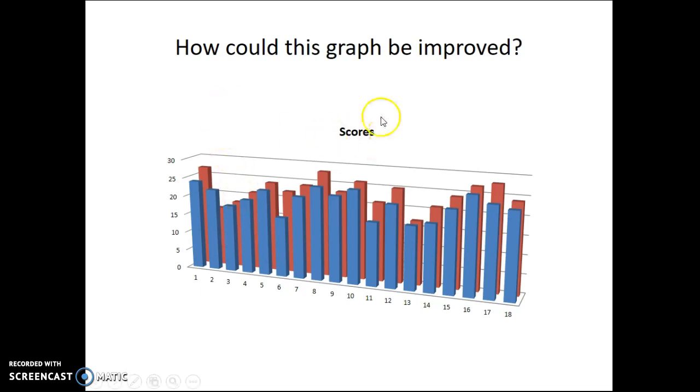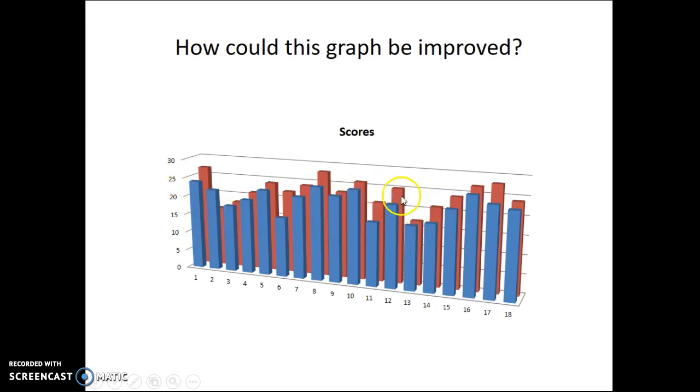You know, given the title, that it has something to do with scores, but what scores? Scores for what? For a baseball game? For an exam? It could be anything. We have no idea what these numbers on our x-axis convey, nor do we have any idea what the numbers on the y-axis convey.